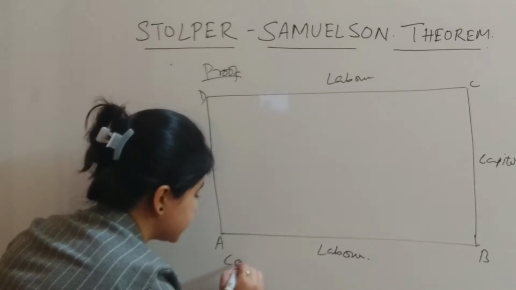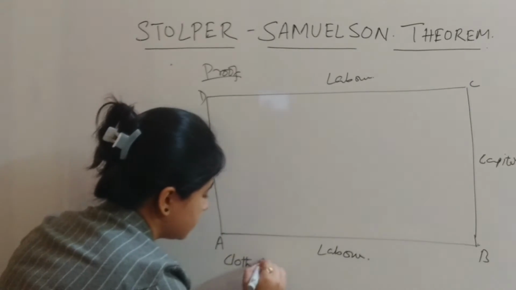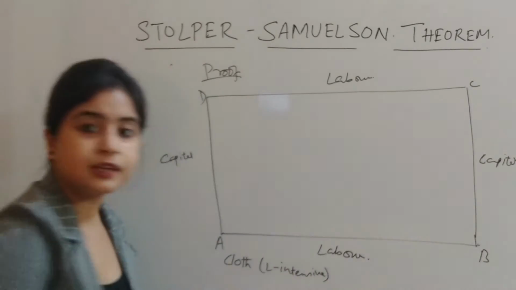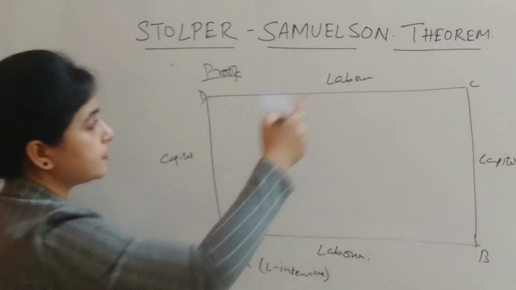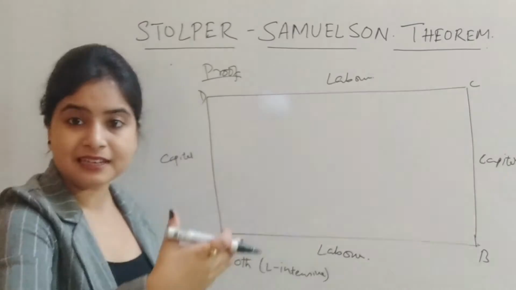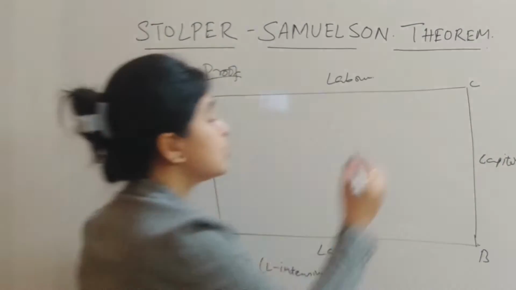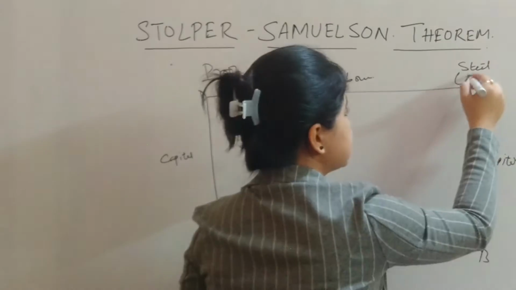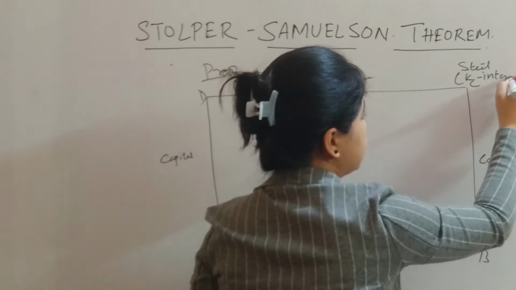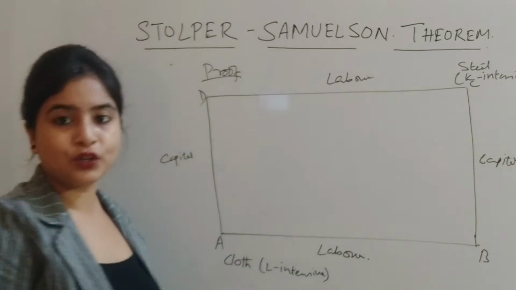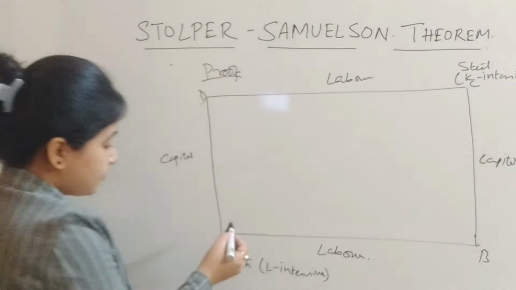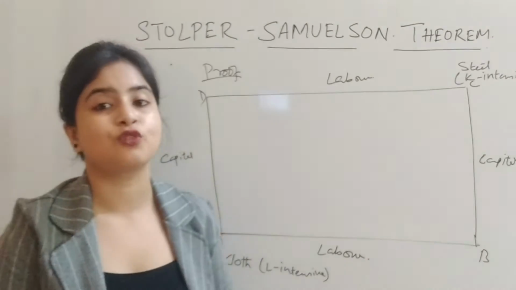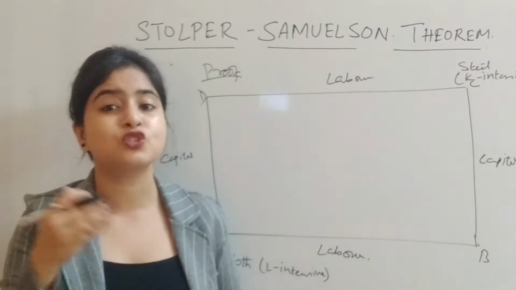So here we are measuring cloth, which is labor intensive, right? And on this side we will be measuring the capital intensive good, and the good is steel. So here we are measuring steel, and this is nothing but the capital intensive good. Now I am drawing the contact curve. Here you need to be very careful about drawing the contact curve, because that has to be non-linear.